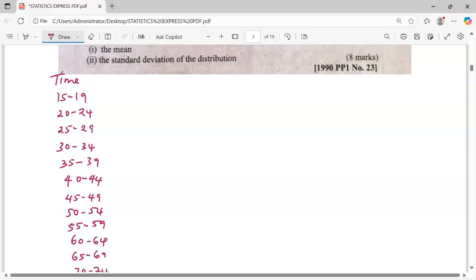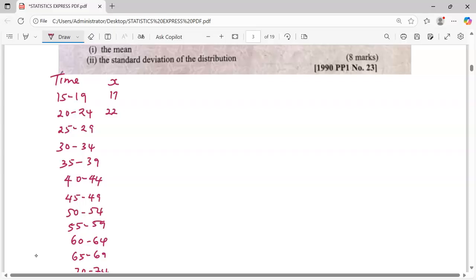Once you have done that, we go and calculate the midpoints, which is denoted by X. For the midpoints, we add 15 plus 19 divided by 2, which gives us 17. 20 plus 24 gives us 44, divided by 2, which is 22. Then from 19 to 24, the class interval is 5.